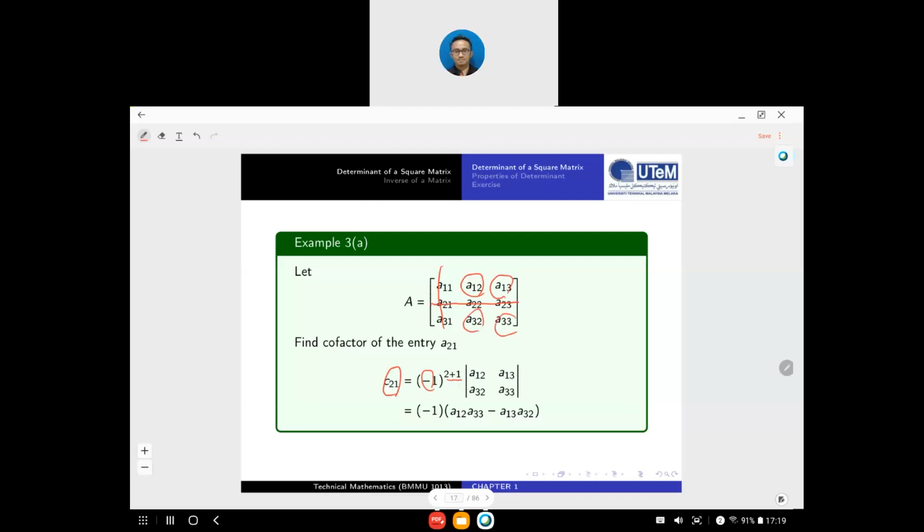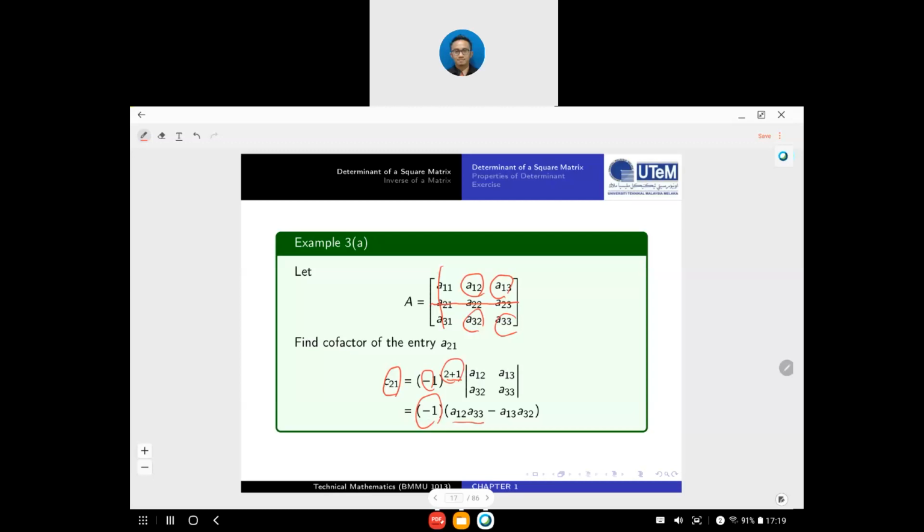Here, you will only get whether it is negative 1 or 1. If you have the power of an even number, negative 1 to an even power, when you add, you will get positive. If the power is an odd number, like this, 2 plus 1 equals 3, 3 is an odd number, so you get negative 1.